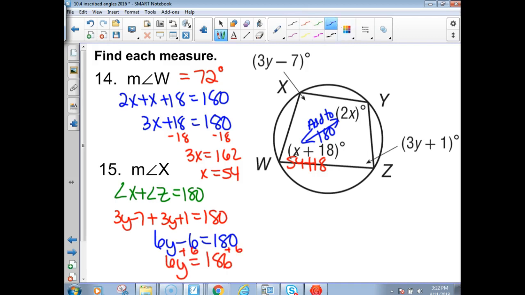Okay, you want to do 180 plus 6 and then divide by 6, so you should get 31 for y. All right, and then you need to plug that back in. Do 3 times 31 minus 7. It's 93 minus 7, so it should be 86.